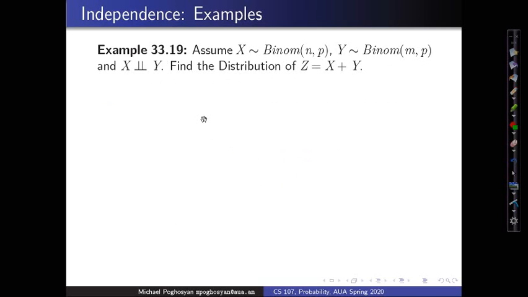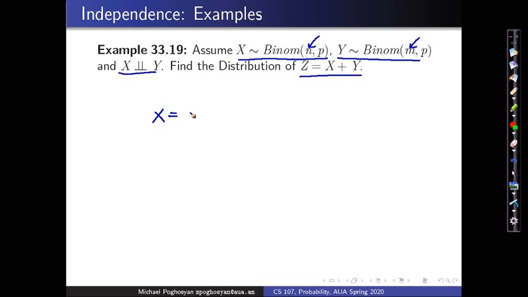Okay, so another example of that form. X is binomial n, p, Y is binomial m, p, where n and m are different but with the same p, and X and Y are independent. Find the distribution of their sum. So I'm thinking like this.